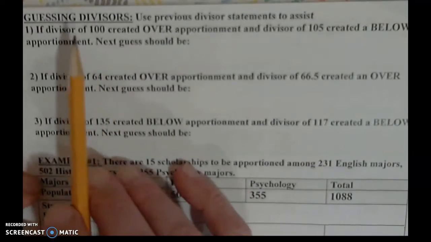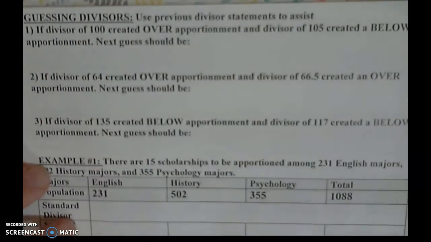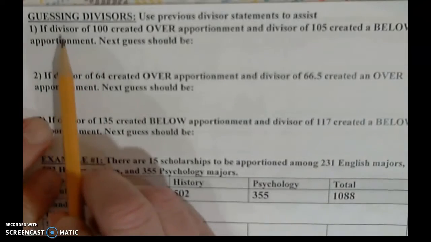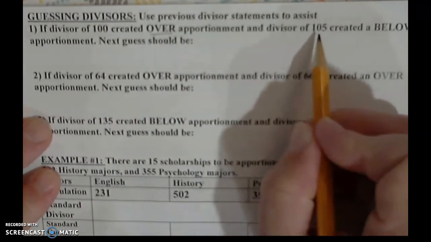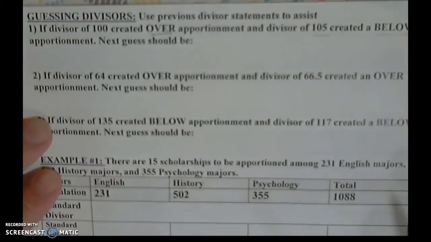So now, in terms of us guessing our divisor, there's really no art to this. We're literally just going to start guessing numbers, okay? For instance, if 100 created over apportionment and 105 created below, then what should our next guess be?